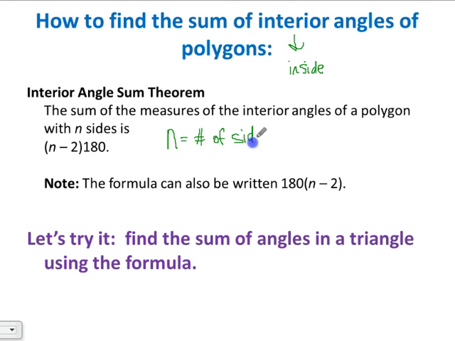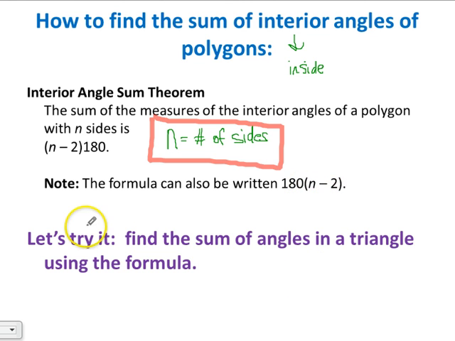Make sure that you know that when you're working with your formulas, because that's really important so you can use the formula. The formula is that you take the number of sides, subtract 2, and multiply that by 180. Or you can rewrite the equation. It doesn't matter. The formula is 180 times (n minus 2).